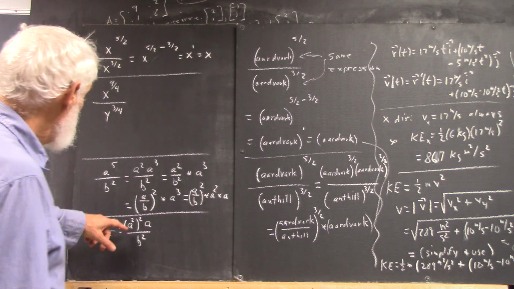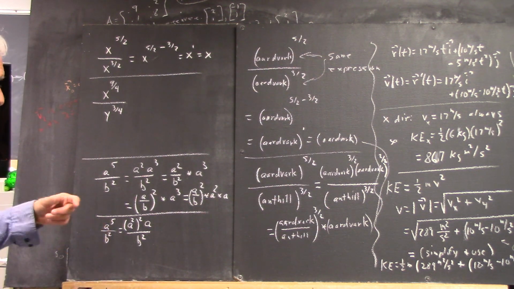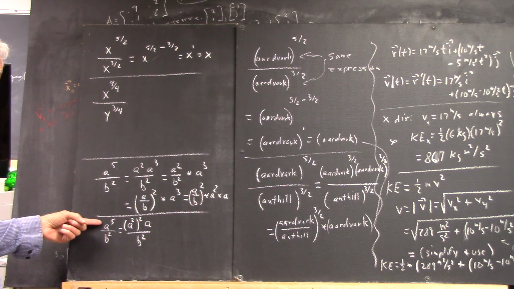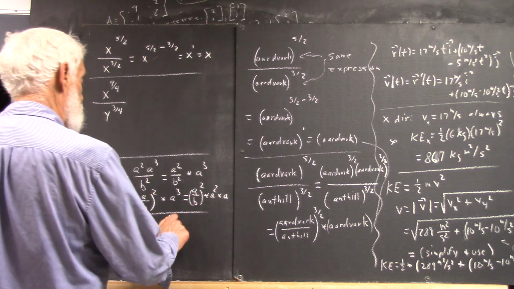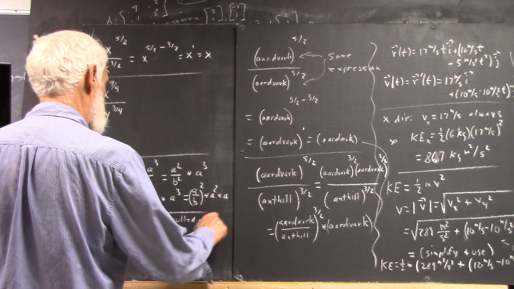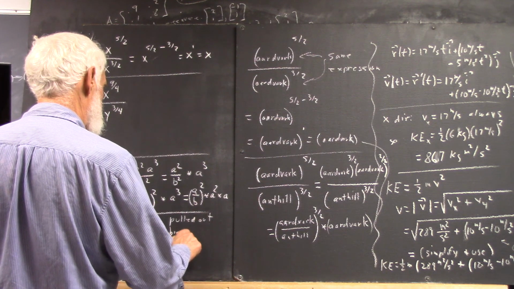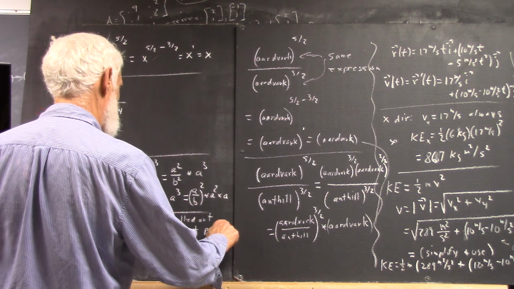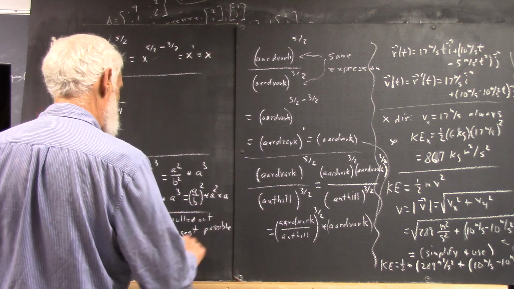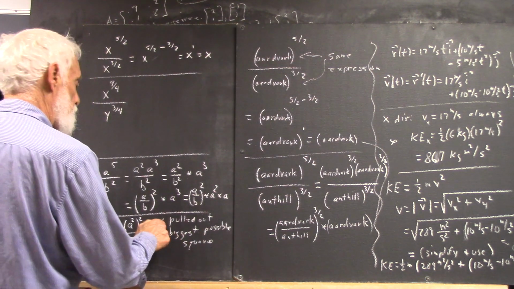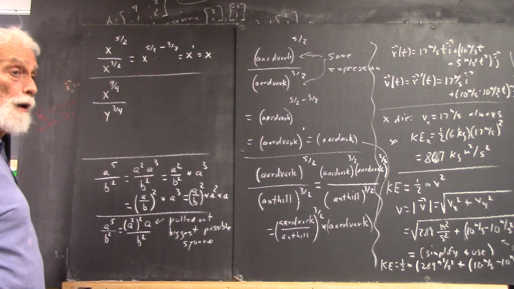Now better, I go down here and just say, well, b is squared, let's just pull out the biggest square I can out of a to the 5th. So I pulled out the biggest possible square from the numerator, which is a square of a squared.